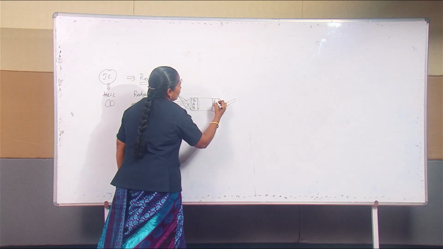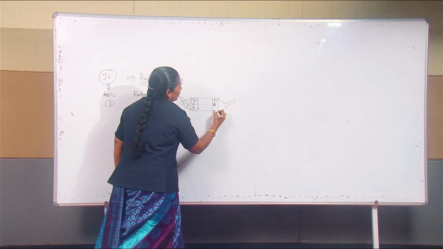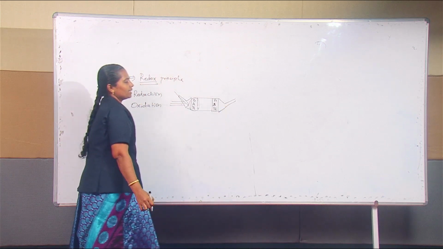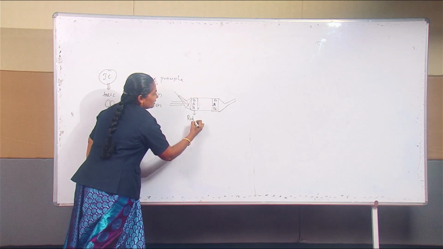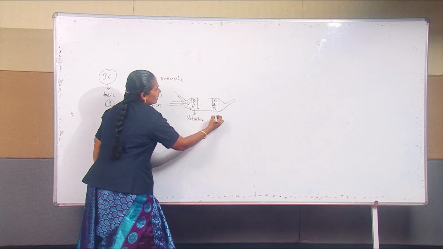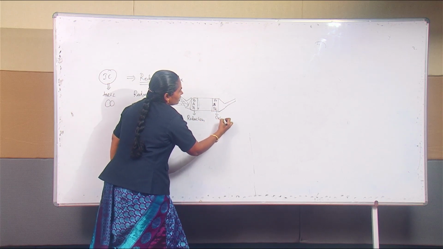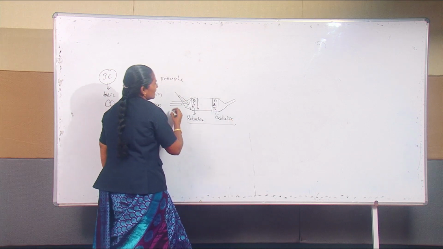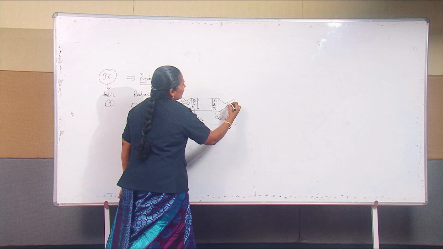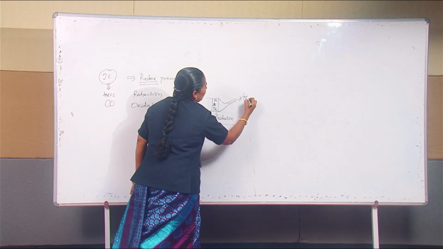In this compartment B, platinum as well as palladium will be there. Here it will be undergoing reduction reaction. Here it will be undergoing oxidation reaction. So finally the gases coming out of this catalytic converter will be free from all pollutants.